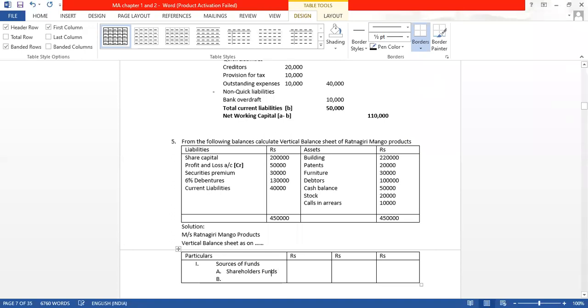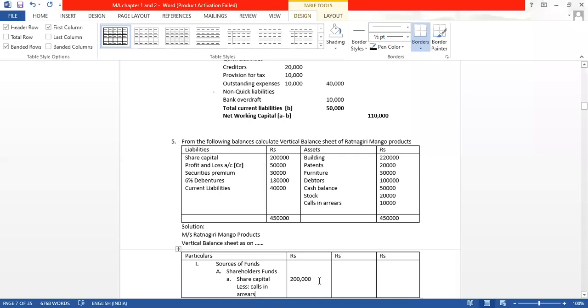Under shareholders fund, what comes? Shareholders have right on share capital. We have the share capital directly given in the question. How much is the share capital? It is 2 lakh. I am writing in the first column because there are arrears in the share capital. So we will less calls in arrears.